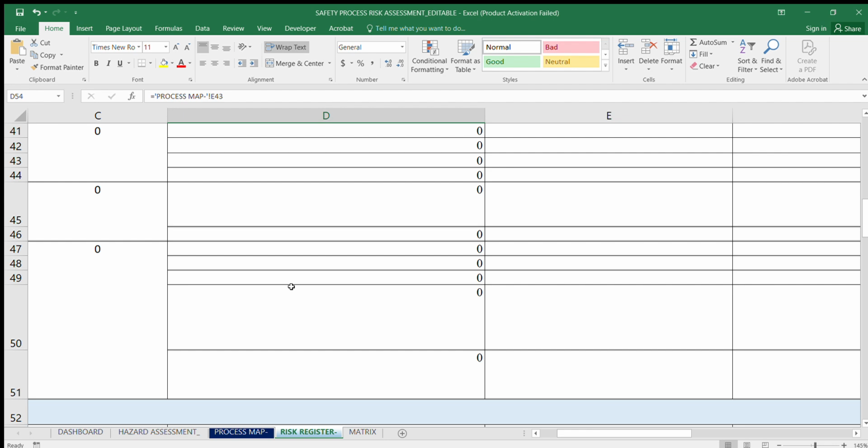By the end of the entire process of doing your hazard assessment, your process map, and also looking at the risk register, you need to have determined all the risk levels for all the process map risks that you identify, and also you need to have put up or proposed mitigations for all your unacceptable risks.